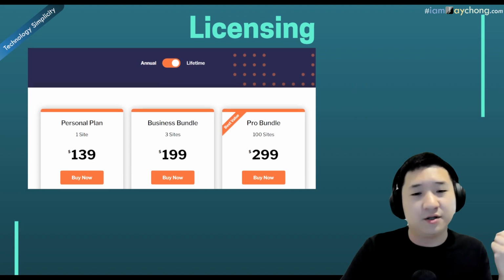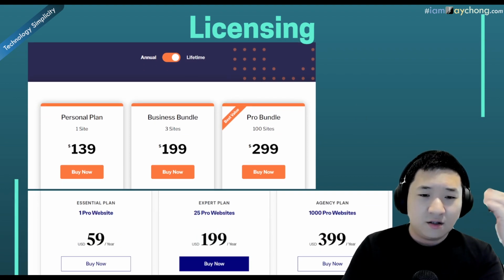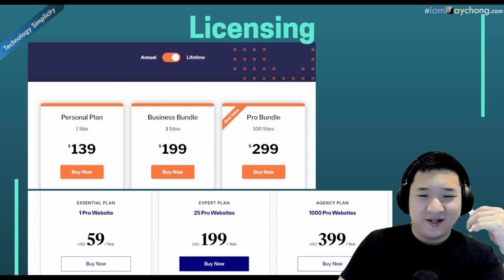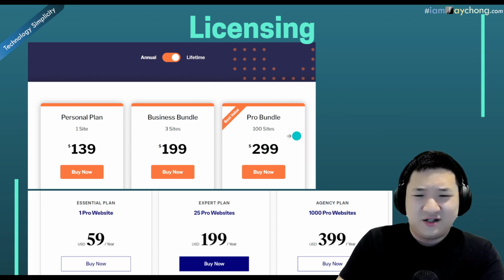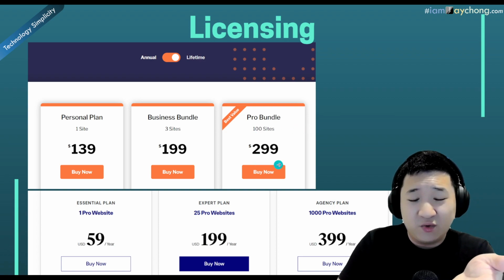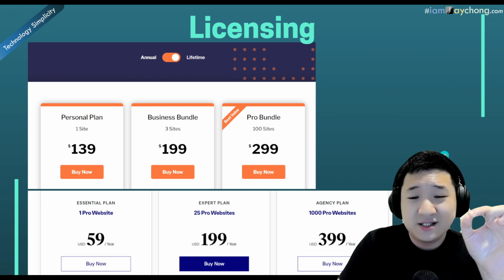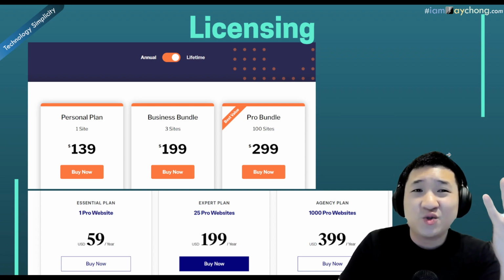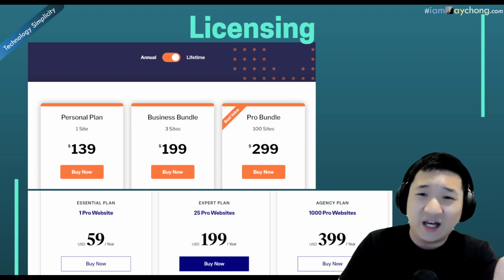I'll give you an example here. Of course, the top one you like it, right? Annual and lifetime, and then the lifetime pricing is like, come on, 100 sites for 299, which means each site is 2.99. It's $3. You have a lifetime license.